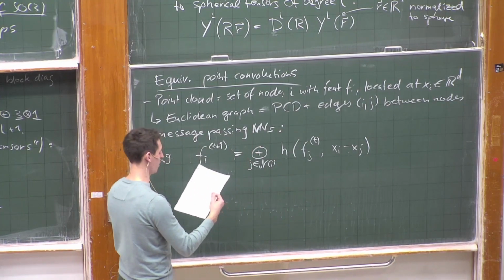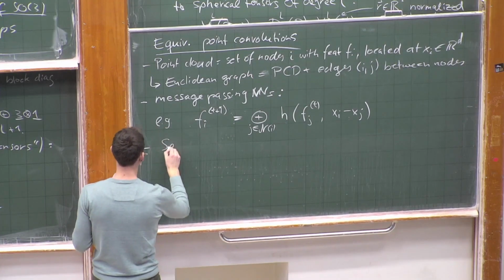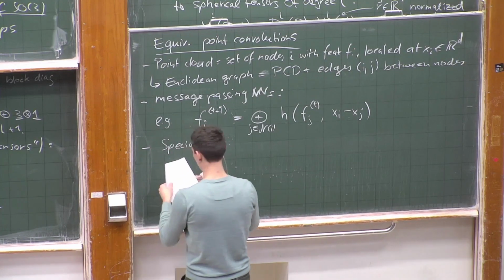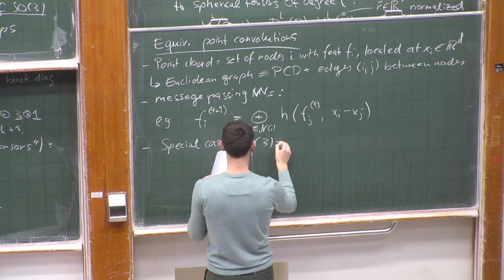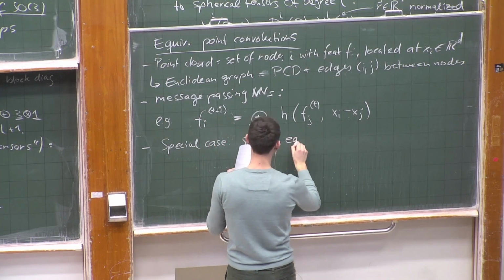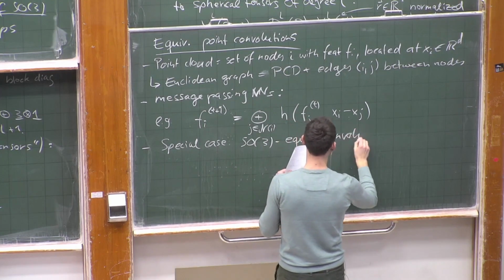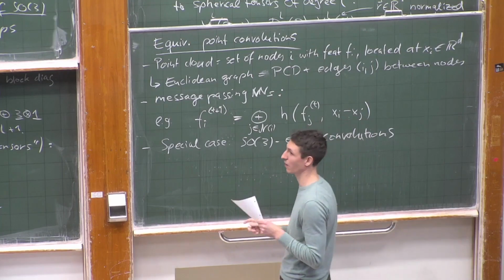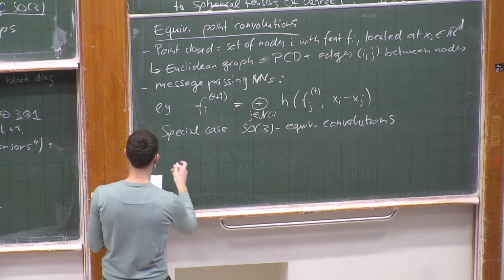And then one special case of this would be SO3 equivariant convolutions, which uses everything that we've discussed so far about the tensor products and the spherical harmonics and builds an equivariant layer out of this.